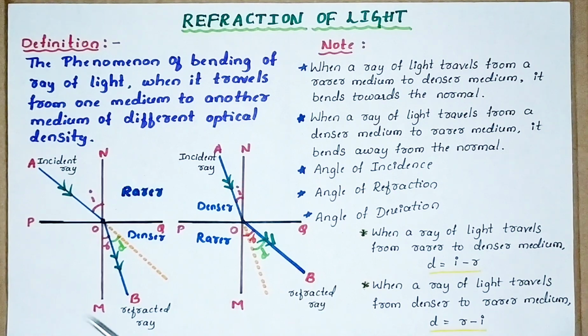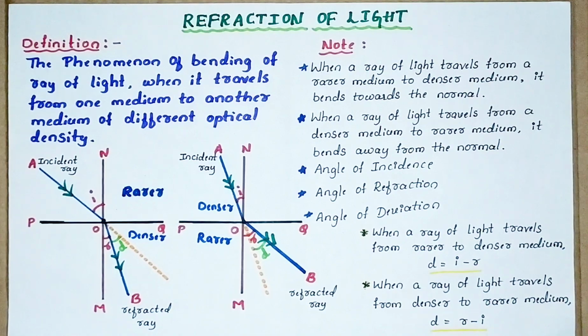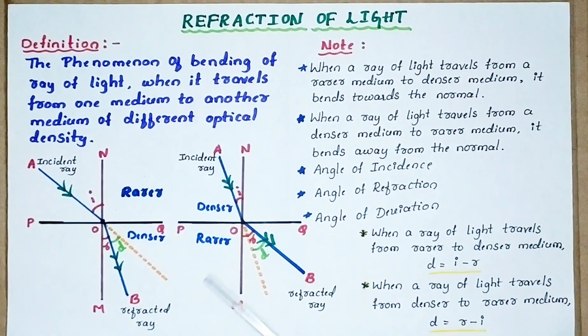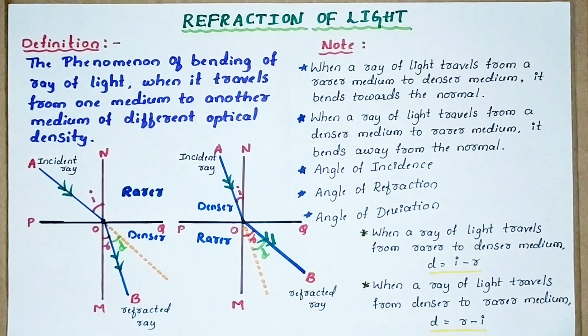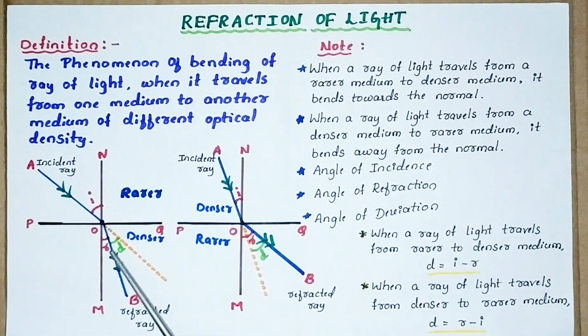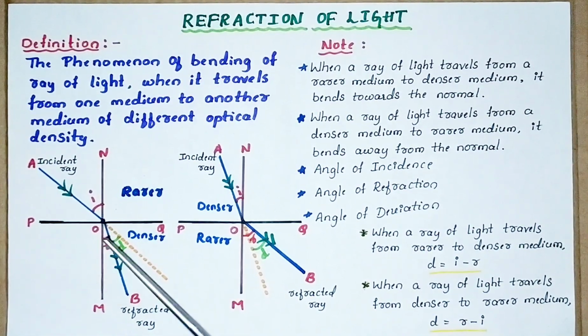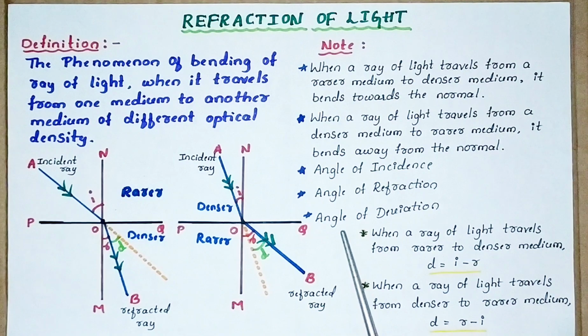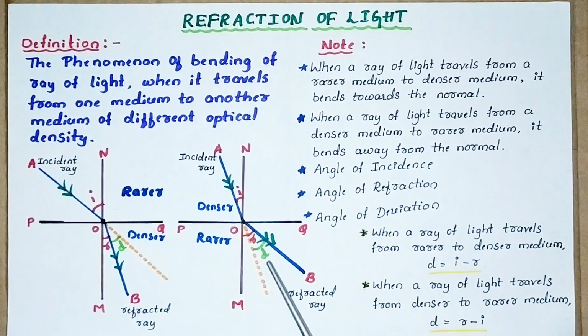You can observe this ray of light has to travel in a straight line. But because of different optical density, bending of light takes place. So with how much angle is it deviated? Incident ray extended and refracted ray. By measuring this angle, we can get angle of deviation and it is denoted by D.